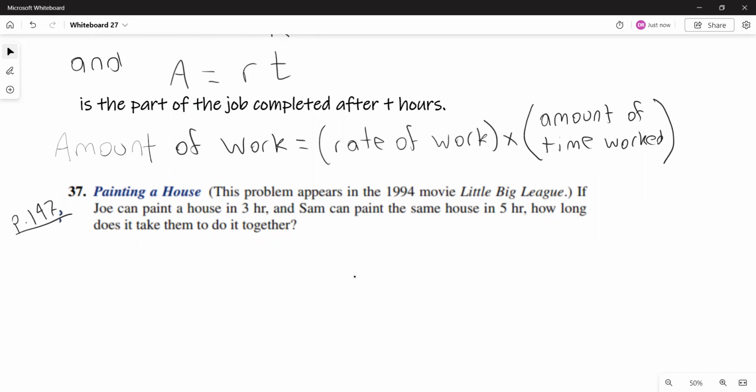This problem appears in the 1994 movie Little Big League. If Joe can paint a house in 3 hours and Sam can paint the same house in 5 hours, how long does it take them to do it together? If they combine their efforts, they are going to do it faster, but how long is it going to take them?